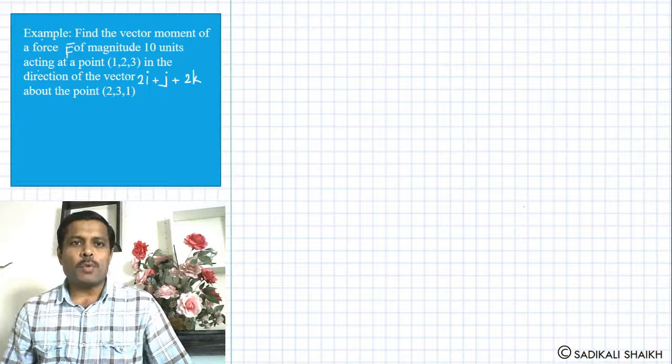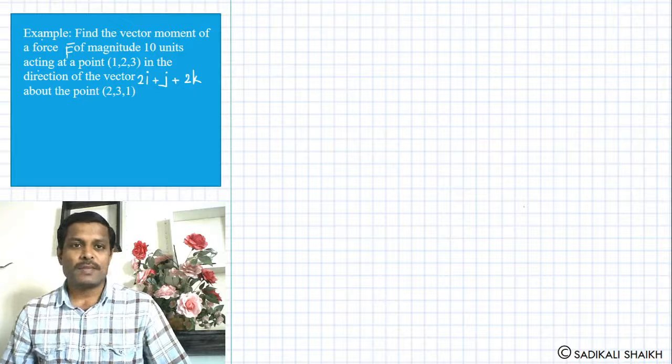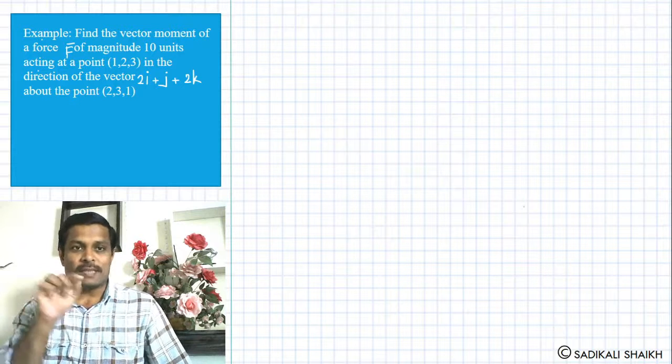Find the vector moment of a force F bar of magnitude 10 units acting at a point (1, 2, 3). The coordinates of the point are given. The force is acting at that point.